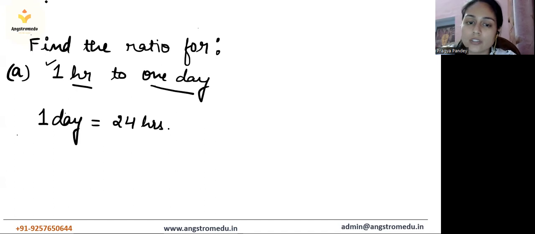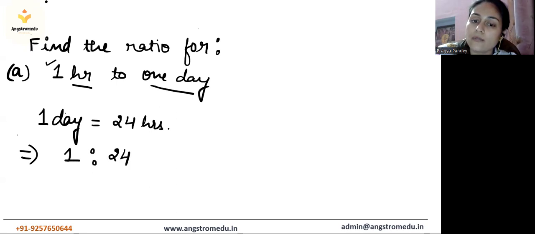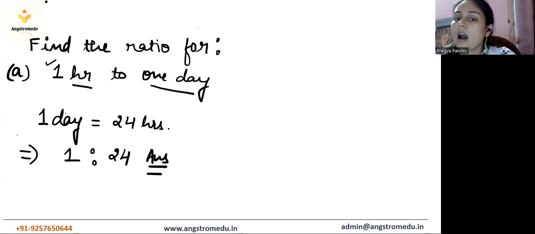They are saying hours to day, so whatever is written in front will be on top, or we can say it will become the numerator. So 1 is to 24 is the required ratio which they asked.